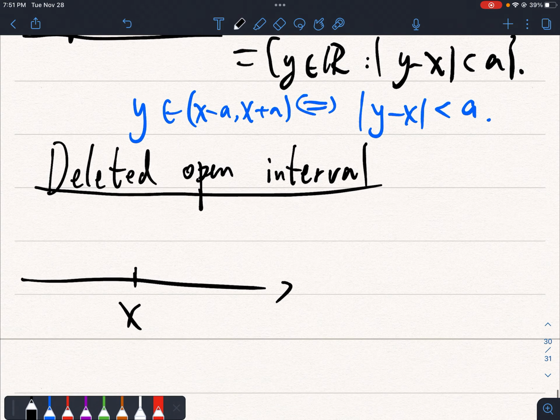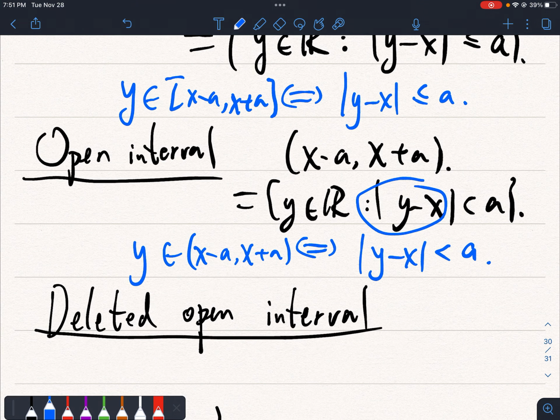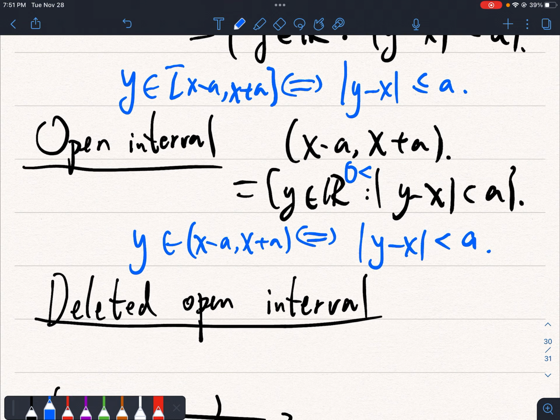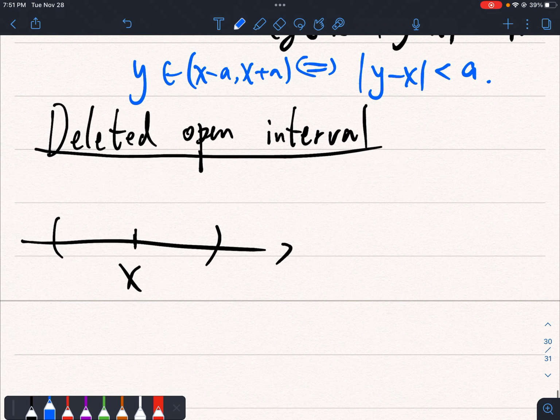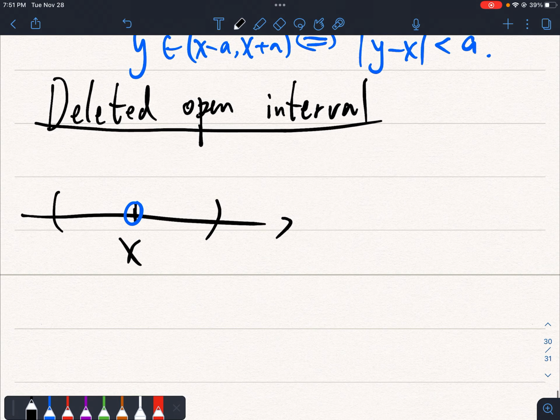So it is nothing else but the set of all x whose distance to x is bigger than 0 and less than a. So we know that this absolute value is equal to 0 if and only if y is the point x itself. So if we ask that this is bigger than 0, then we get the deleted open interval, which is exactly the interval excluding this point.